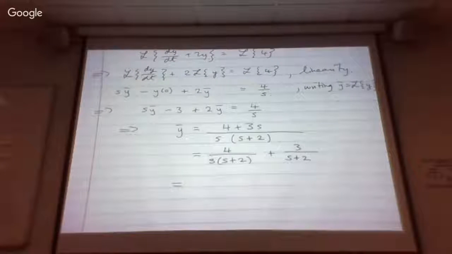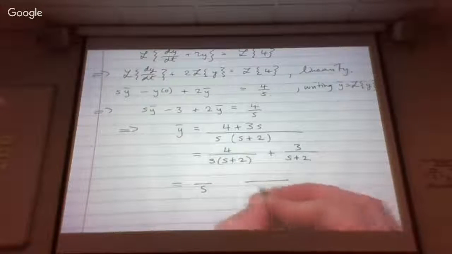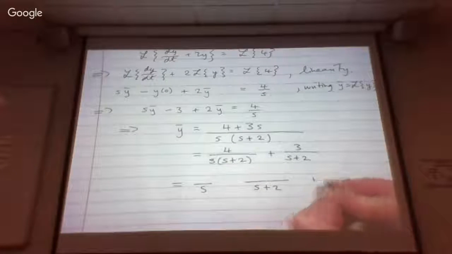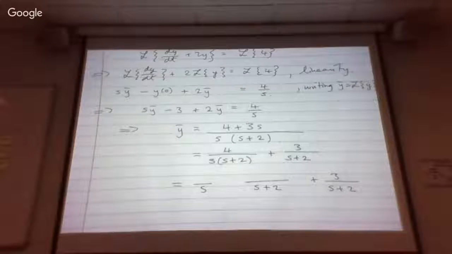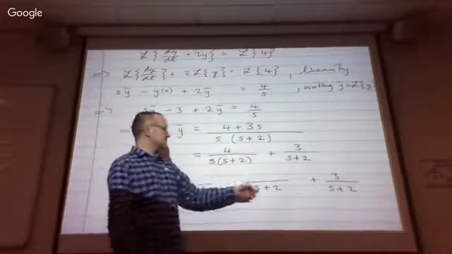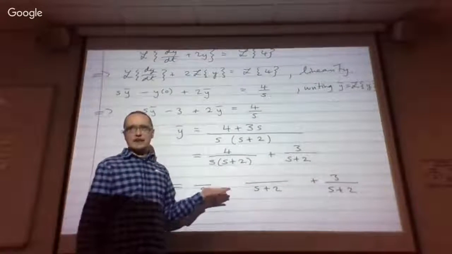But see this one, partial fractions, this is going to be something over s plus something over s plus 2. Still got the plus 3 over s plus 2 back here. Well, to get the s's to cancel, to just leave you a constant, you have to have the same thing on top and bottom, but with reverse sign.